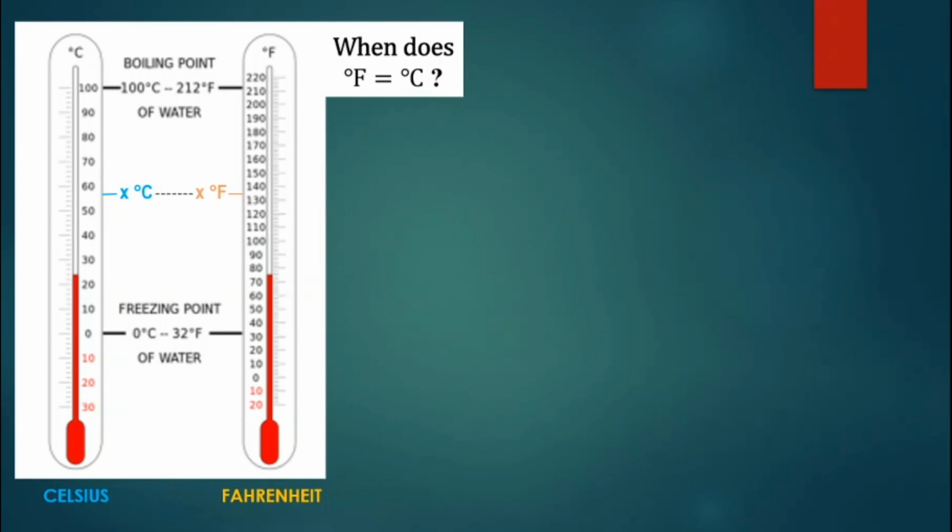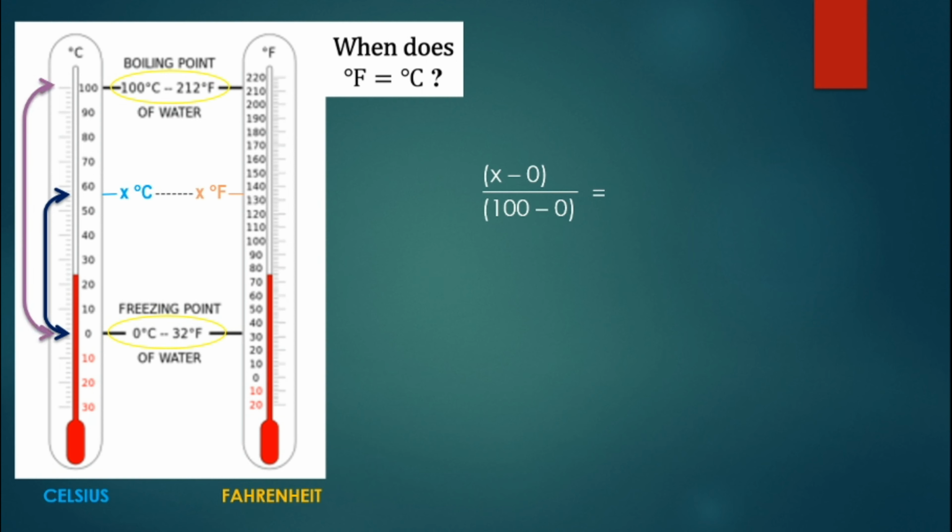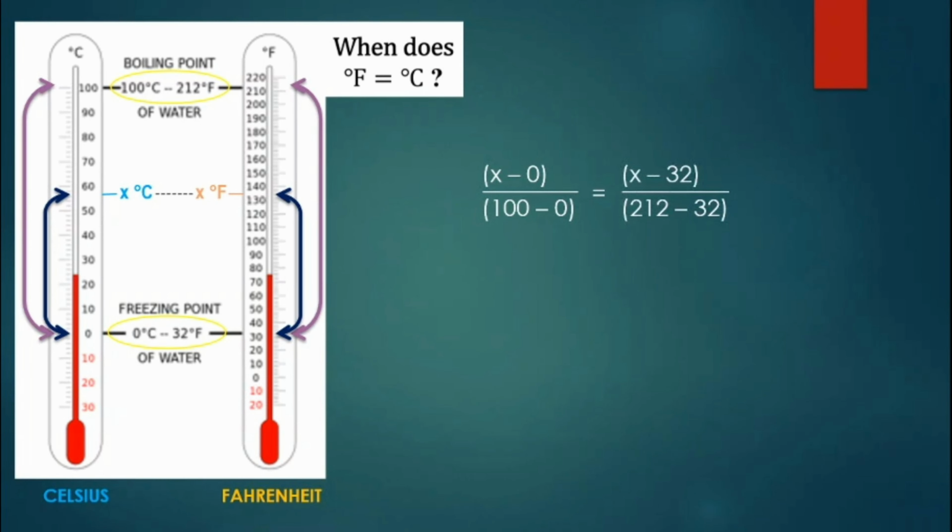Then we can make use of ratio and proportion, since both of these are directly proportional with each other. Means as Celsius increases, Fahrenheit also increases. We arrive at an equation (x - 0)/(100 - 0) = (x - 32)/(212 - 32).